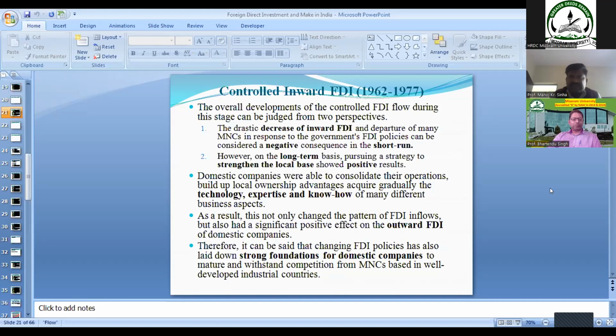This change in the FDI policy laid down a strong foundation for domestic companies to mature and withstand competition from multinationals based in well-developed industrial countries.